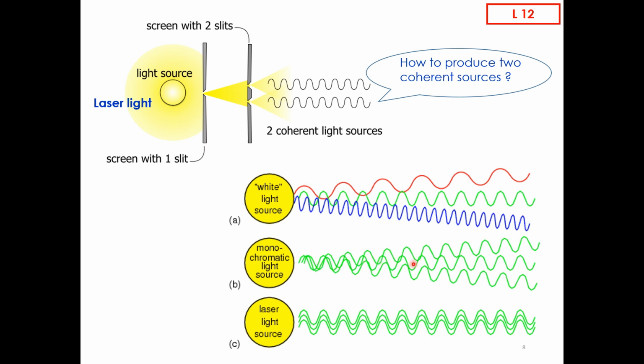You can see the rays diverge, compared to when we use laser light, where the rays are more directional. So for a constant phase difference, the same frequency and in phase, that's why we use a laser light source.